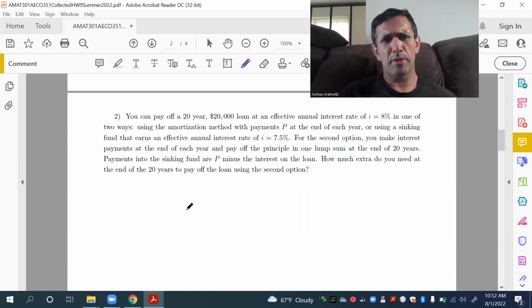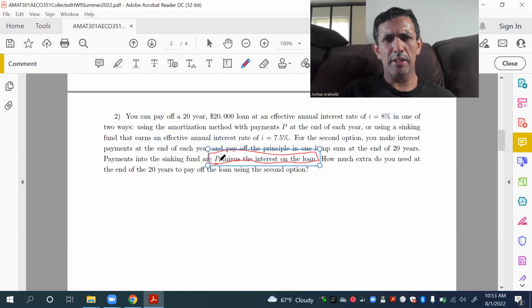The second option, just like all sinking fund problems, you make interest payments at the end of each year, and you pay off the principal in one lump sum at the end. Here P is specifying the payments into the sinking fund, which is used to pay off the principal of 20,000 at the end of 20 years. And it's P minus the interest on the loan each year.